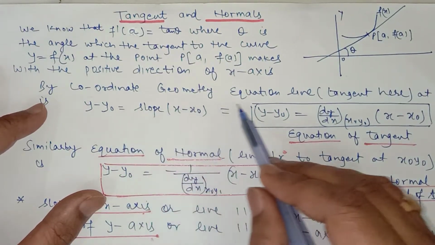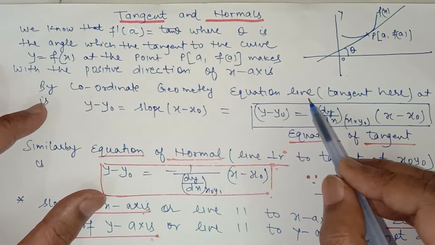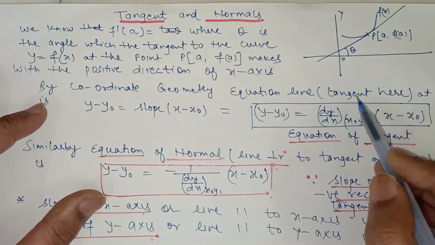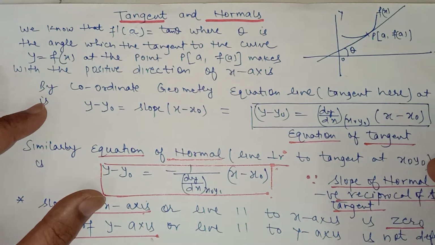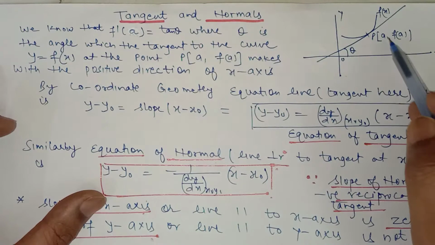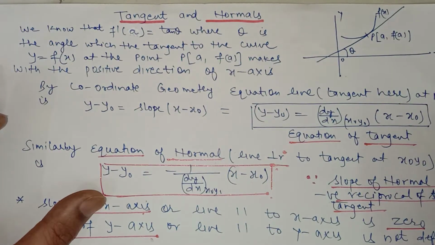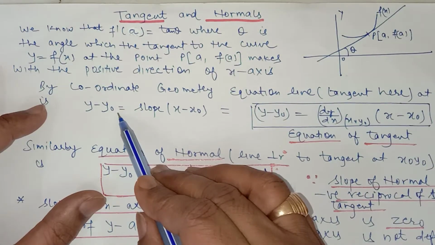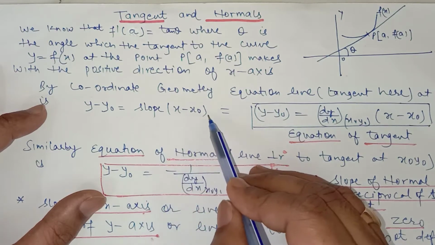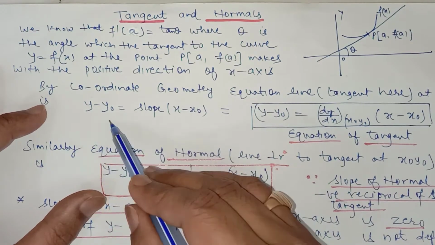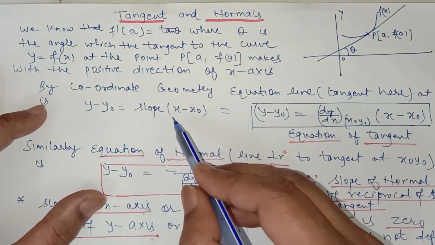By coordinate geometry, we know that the equation of a line through the point (x naught, y naught) is y minus y naught is equal to slope times (x minus x naught).